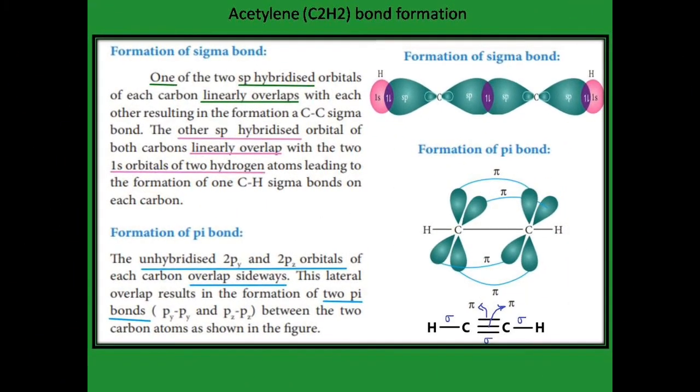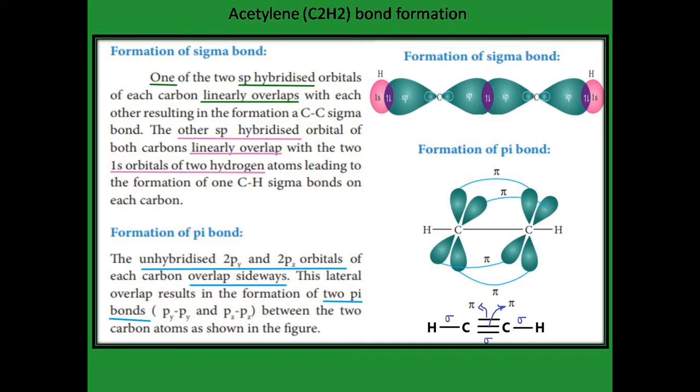In acetylene, how many carbons are there? 2 carbons. Each carbon has sp hybridization. One sp hybridized orbital lies on the molecular axis. Those on the molecular axis linearly overlap and form the sigma bond, the C-C bond, formed by the sp hybridized orbitals lying on the molecular axis overlapping linearly. And the other sp hybridized orbital linearly overlaps with the 1s orbital of hydrogen.